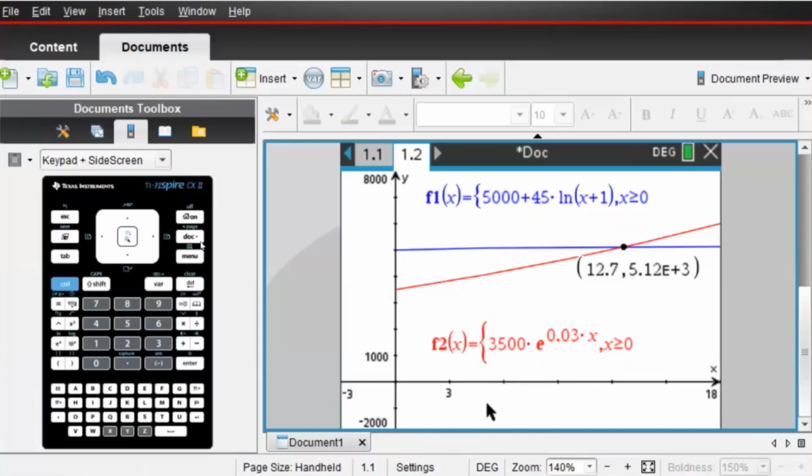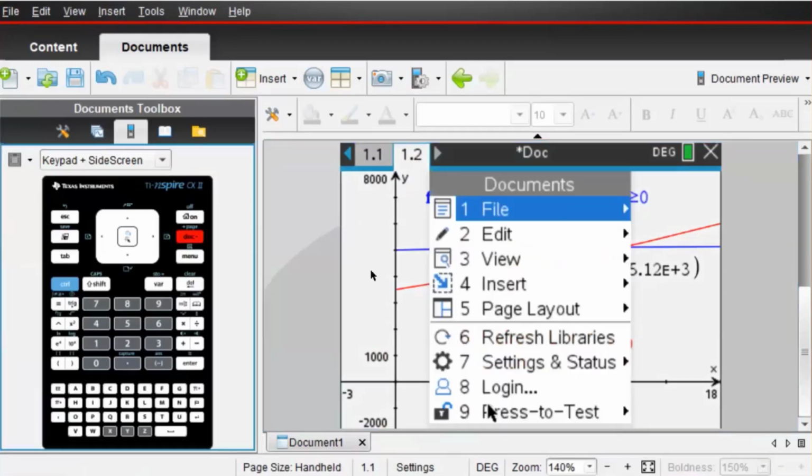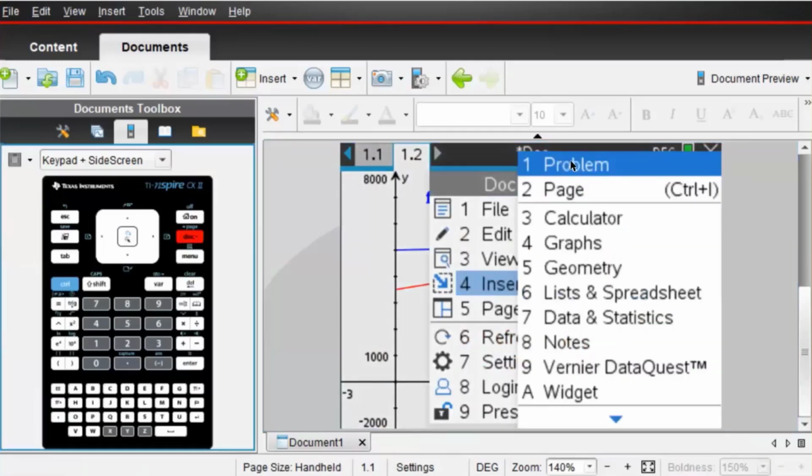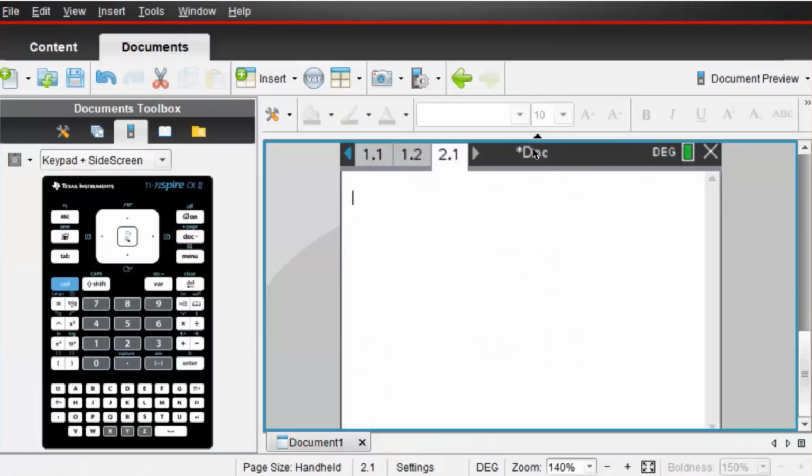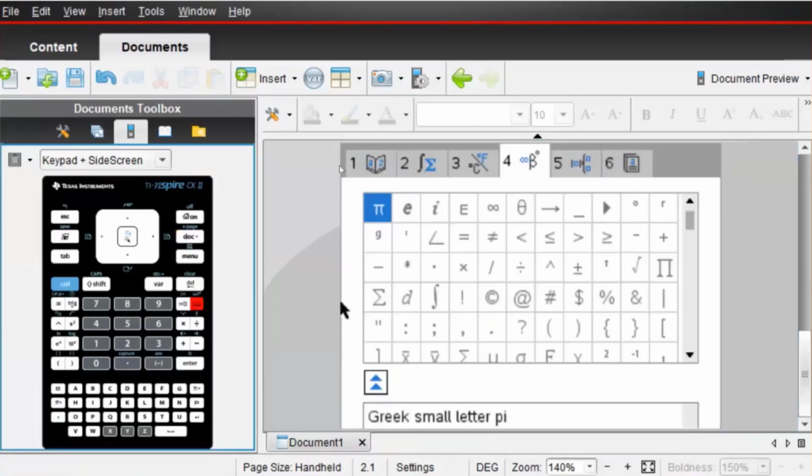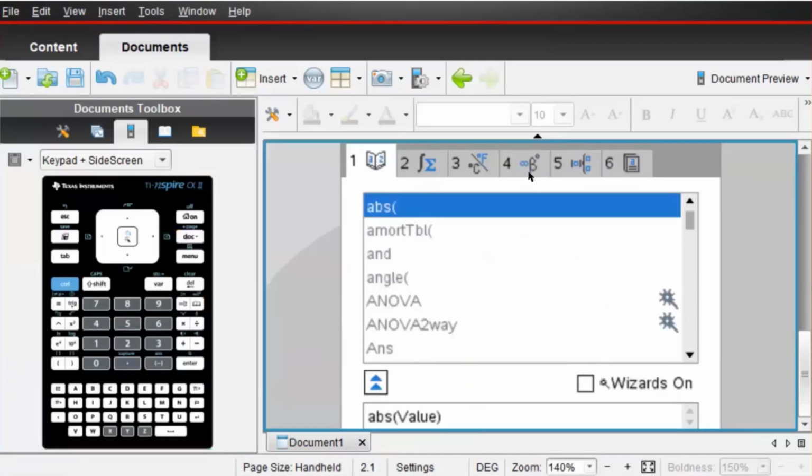What I might do here is add in a new problem. So we're going to insert a problem so that functions and variables are not known. Okay, so first one was P hat. Let's see if we can actually store that value as P hat. Let's have a look here at the book command. The book command is a catalogue of all the functions defined on the calculator.